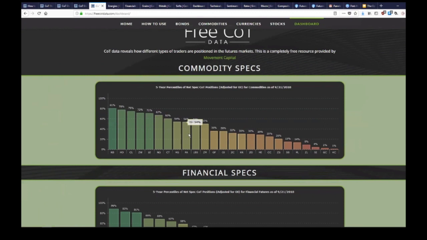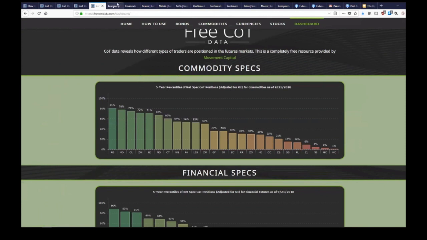It went from a consensus short to less so. And then positioning in platinum also bounced a pretty good bit. So what that translates to is gold and silver are the last two precious metals where spec positioning is uniformly bearish. And then probably the most crowded commodity spec short is actually coffee.